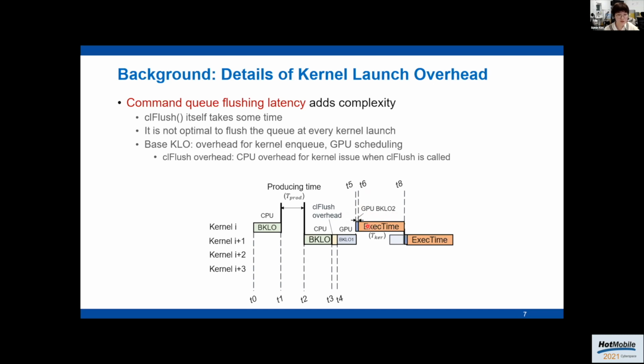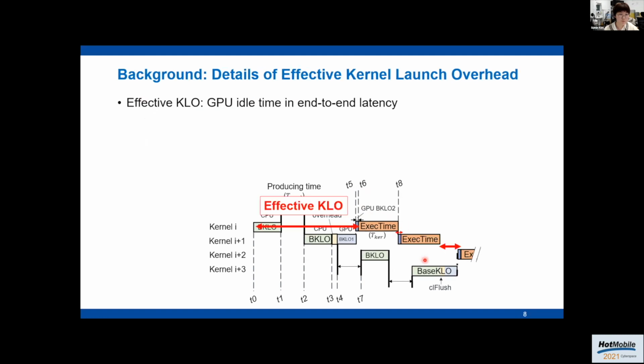Note that, as can be seen here, some part of host time and base CLO are hidden by the GPU kernel execution time. So the effective CLO in this example can be highlighted like this.